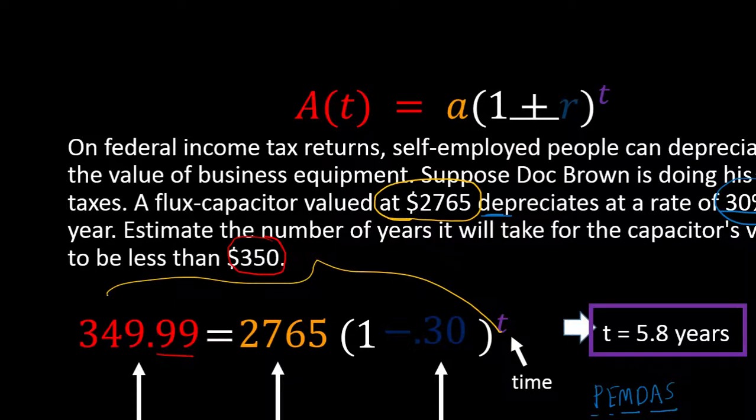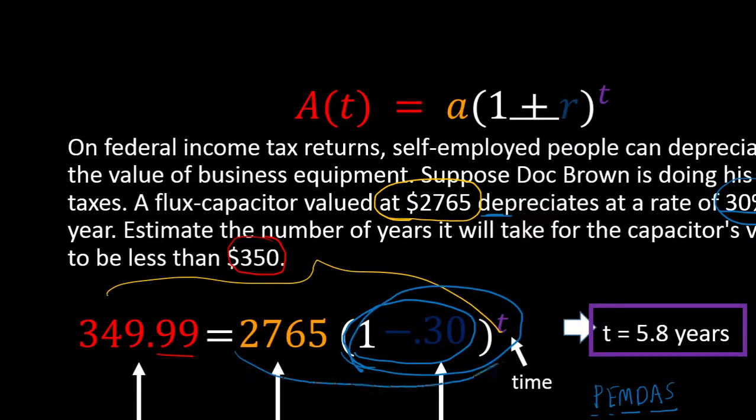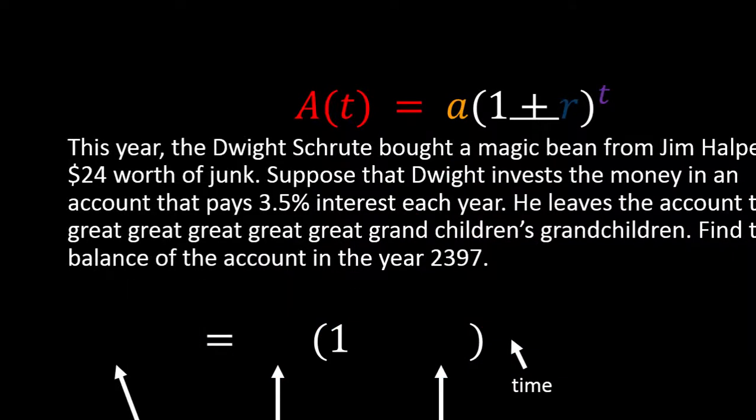So I had to start by simplifying first in the parentheses, then taking the exponent, multiplying, etc. Again, if you're not sure how to go from having the full equation and getting to the solution, view one of my calculator tutorials. For now, we're just going to focus on setting up the equation correctly, which I believe is the most difficult step. So let's look at another example.